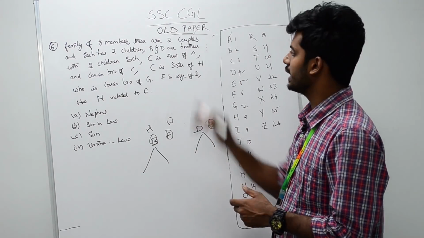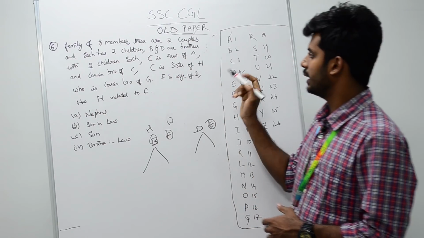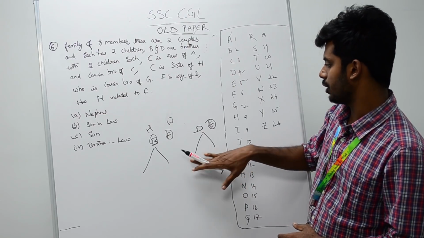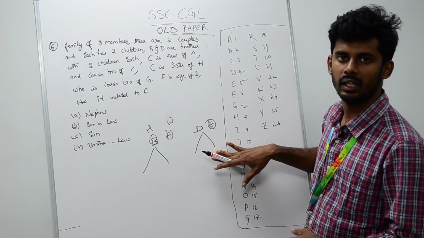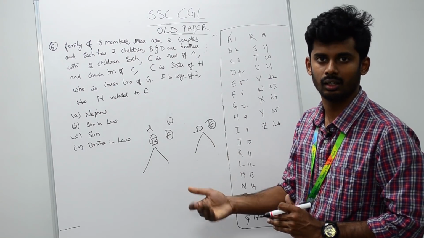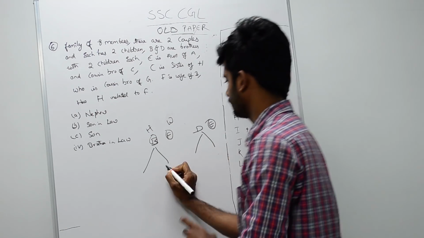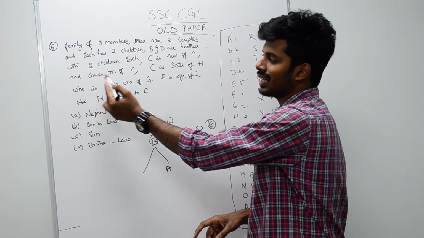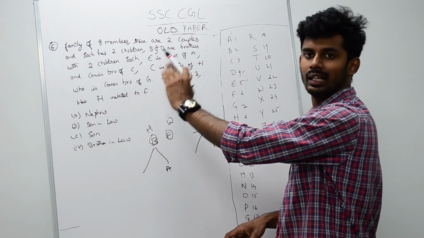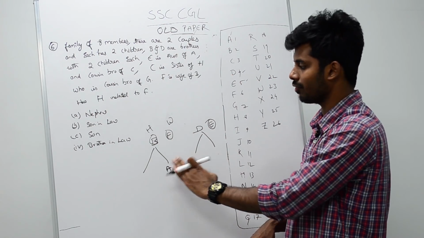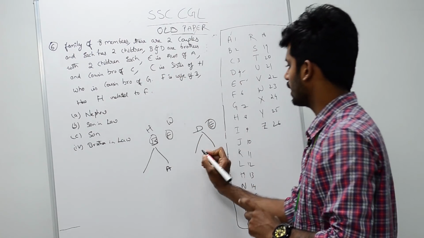So they have given E is aunt of A. It means A couldn't be a kid of D and E's family, because if it is like that, it will be directly daughter or son. So A will come here. And the next clause is, who is cousin brother of C. So they are here clearly saying that C is not a direct brother or sister of A. So C will come here.